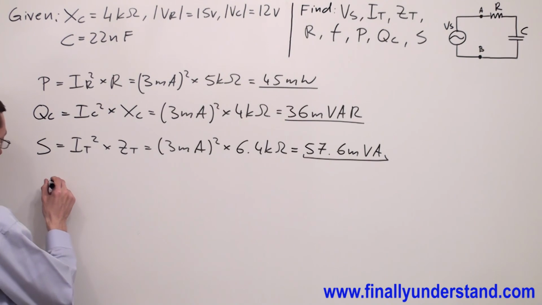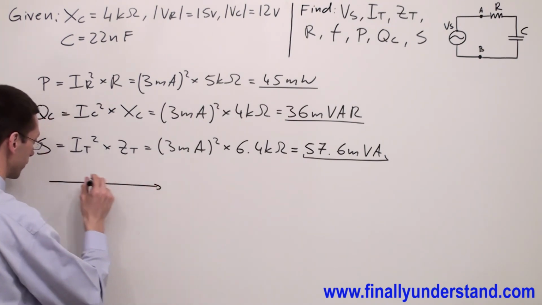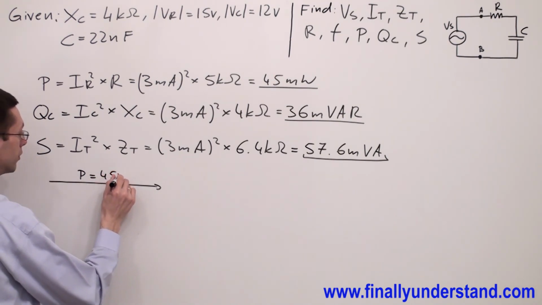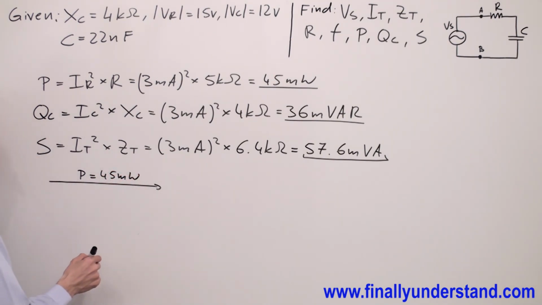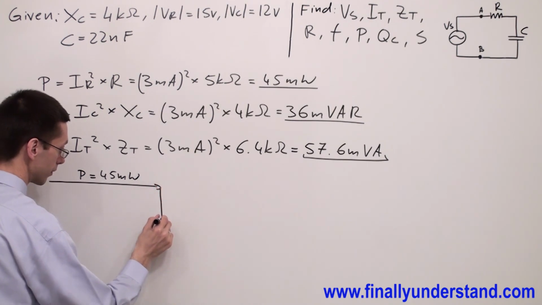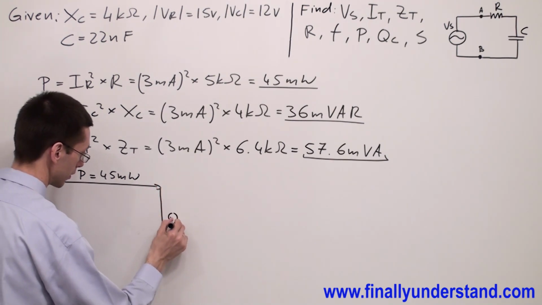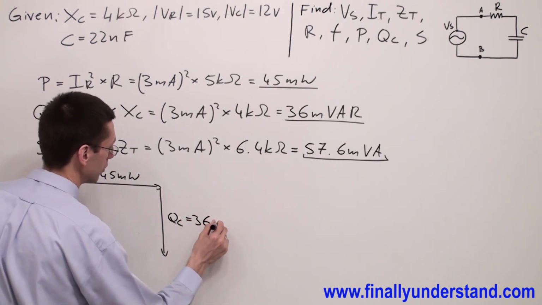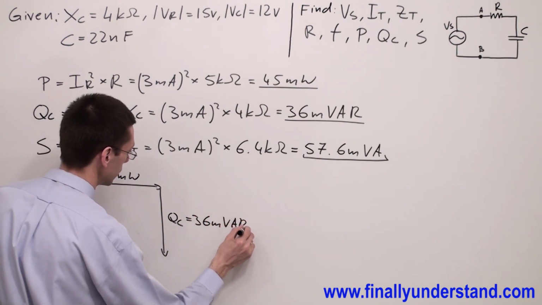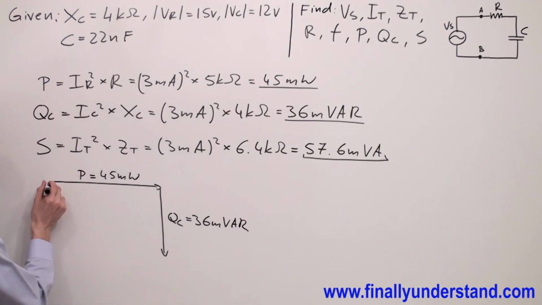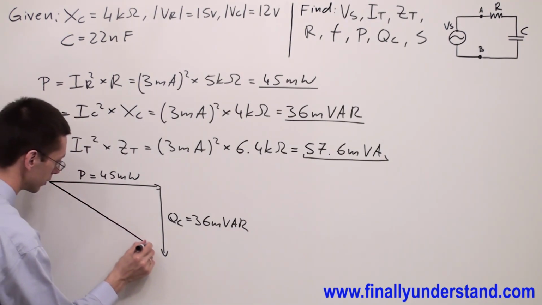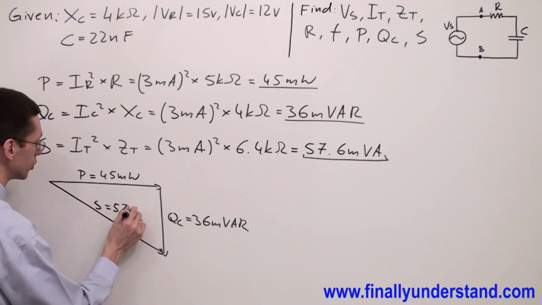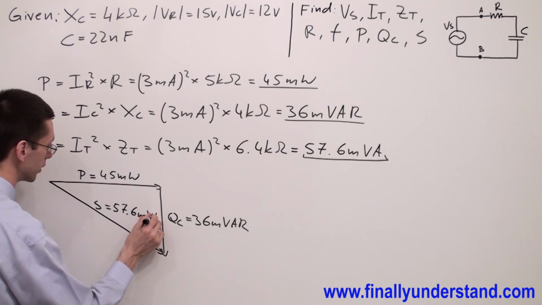Next, we're supposed to draw the power triangle. So, draw. True power is equal to 45 milliwatts. QC equals 36 millivolt-amperes reactive, and apparent power S equals 57.6 millivolt-amperes.